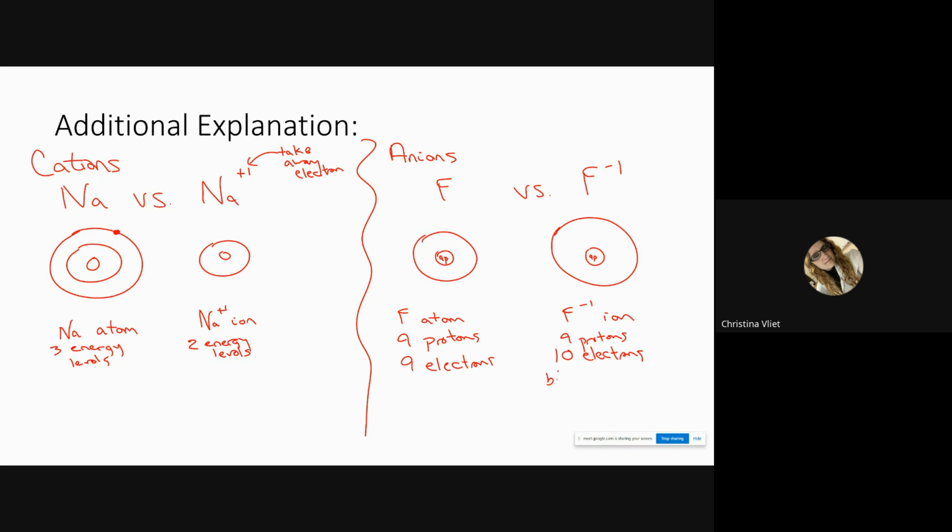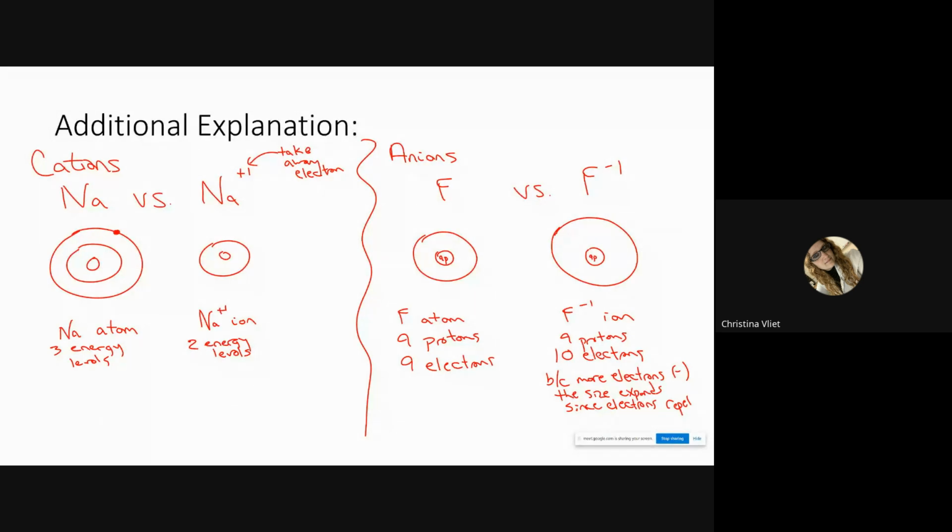More electrons means more negative charges, so the size expands since they repel. You have the same attractive forces, but more electrons given the same amount of energy levels, so the size naturally gets larger. And so what you've got to memorize is that cations always are smaller, anions are always larger.